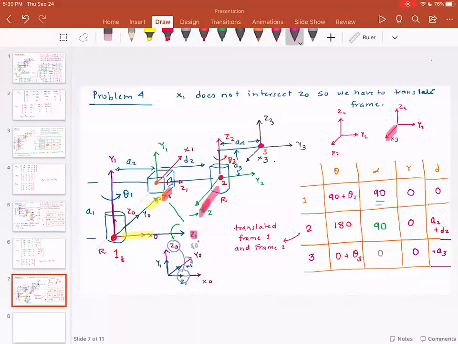Now I want you to verify. Everyone, please pay attention. A4 is missing. There is no theta 2.